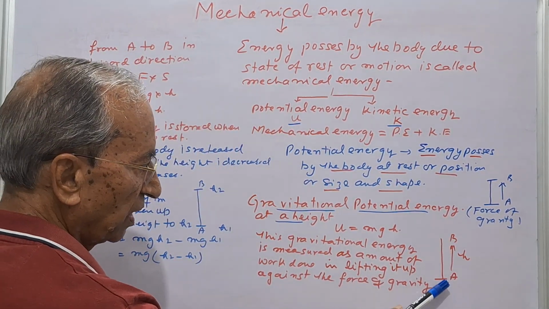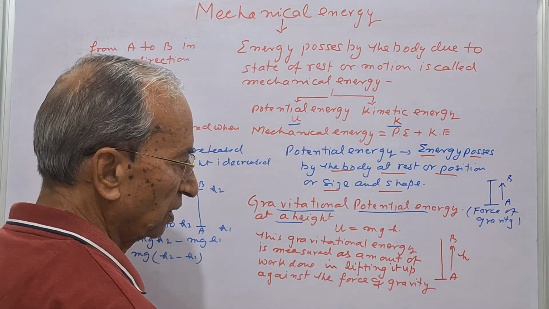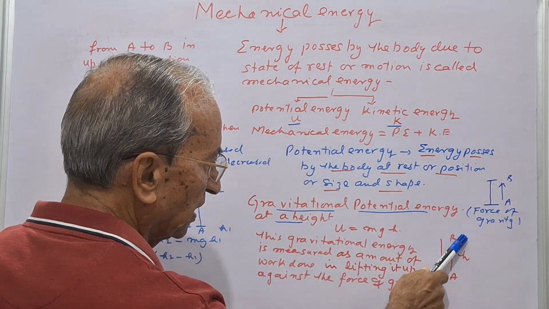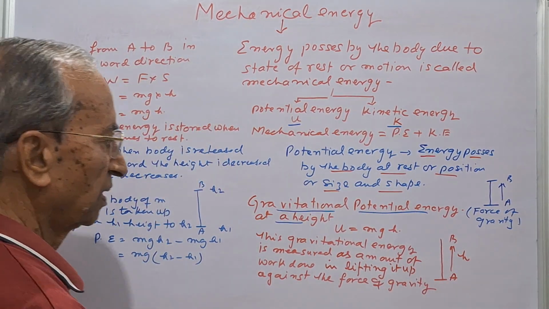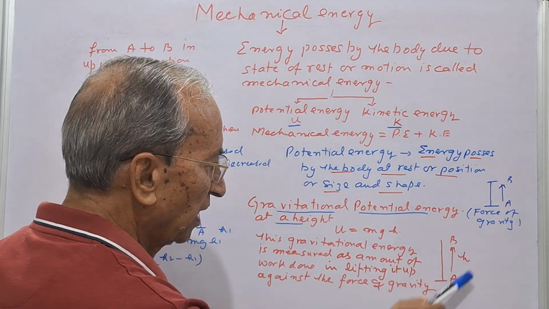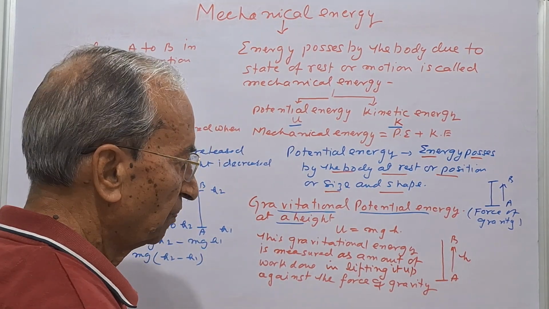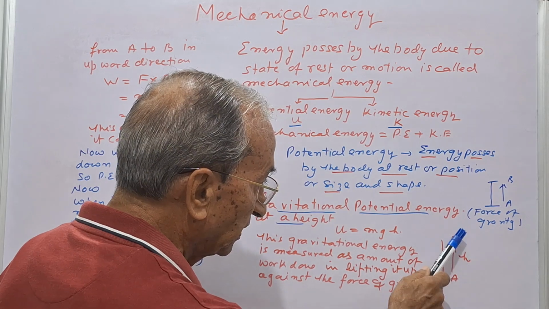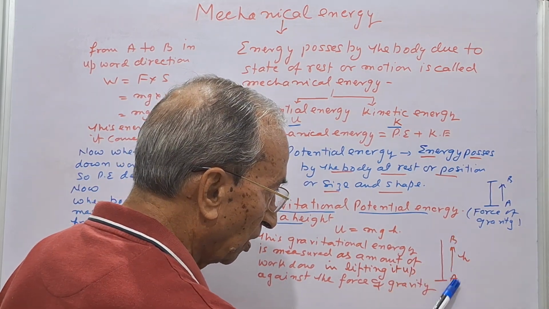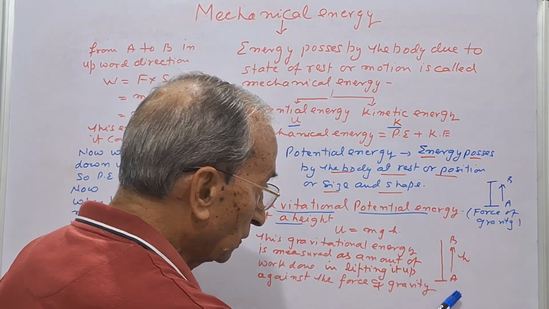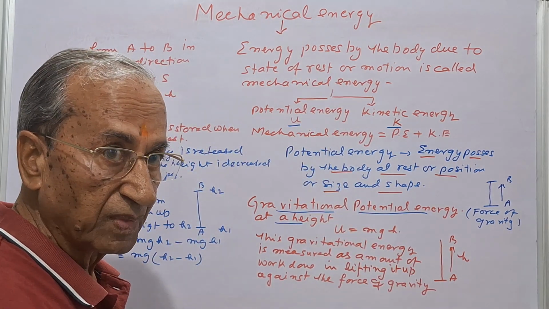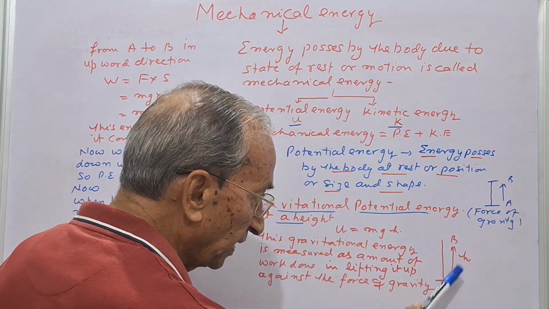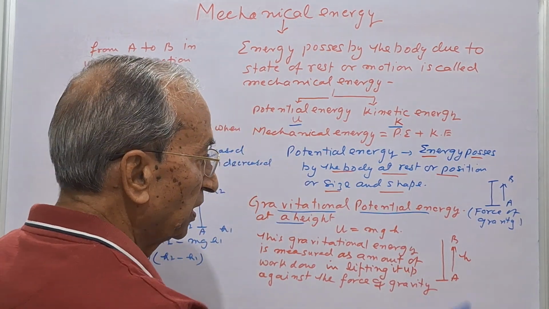Suppose here is the ground, the earth, and the object is thrown upward up to B, and it covers a height h. Now what will happen? The force of gravity will attract the object downwards. Now we throw it upward. It means the object will do some work against the force of gravity to reach a certain height.